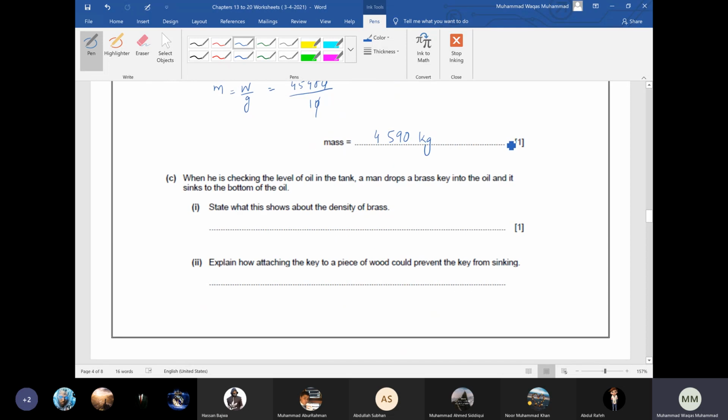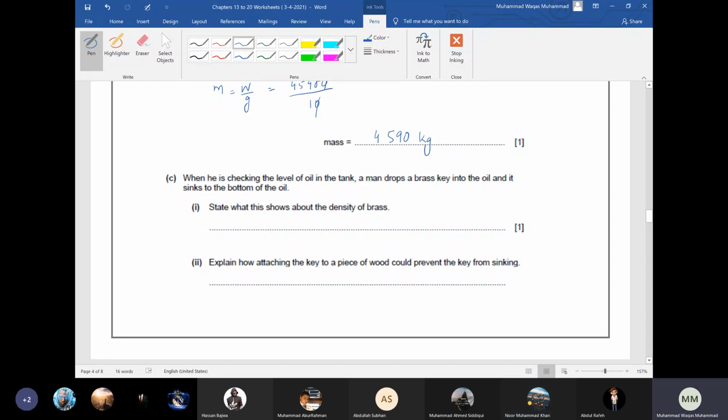Okay beta, when he is checking the level of oil in the tank, a man drops a brass key into the oil and it sinks to the bottom of the oil. State what this shows about the density of brass. Sir, the density is greater than... Shabash.